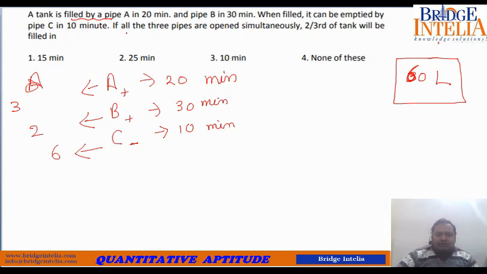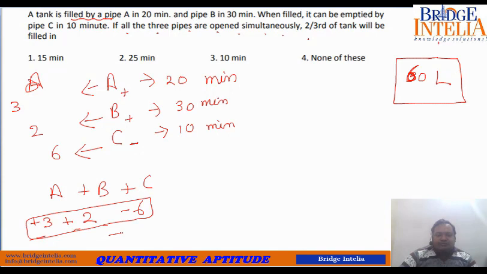Now, if all the 3 pipes are opened simultaneously, what will be the net effect? Plus 3, plus 2 and minus 6. The net effect is -1.